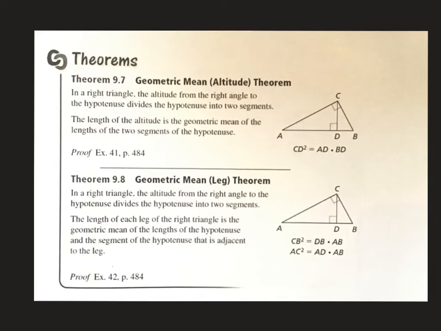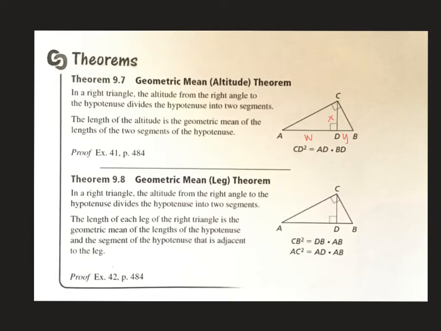So, I'm just going to call this X, and W and Y. Okay, so for this first theorem, if we're finding an altitude height, we want the two pieces of the hypotenuse, the original hypotenuse. So basically it's just a geometric mean of those two pieces of the hypotenuse.